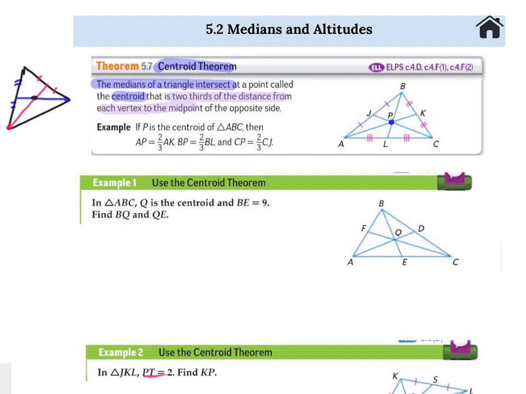So basically, if we're looking at our vertex B, the distance from the vertex to the centroid is 2/3 the distance of our whole median. So again, from the vertex to the centroid is 2/3.